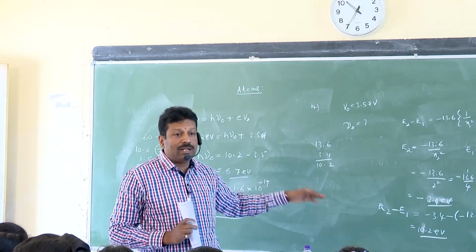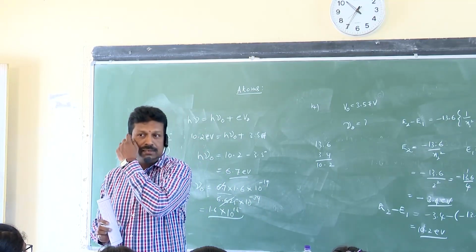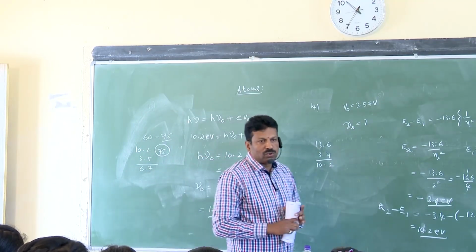Previously we have used shortcuts, like period is proportional to n cube, or radius is proportional to n squared.